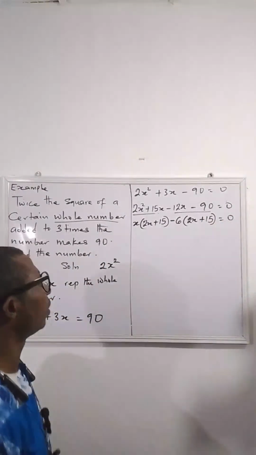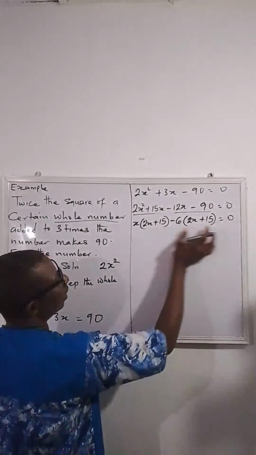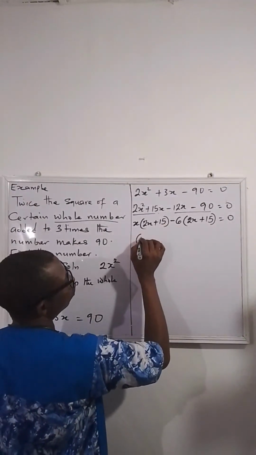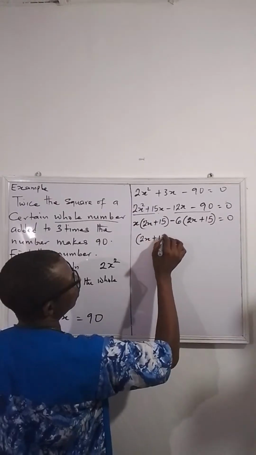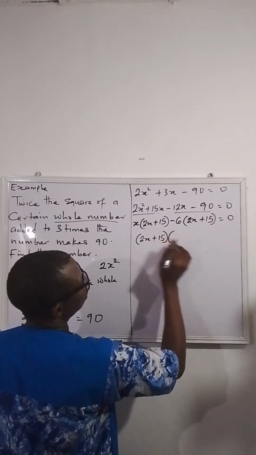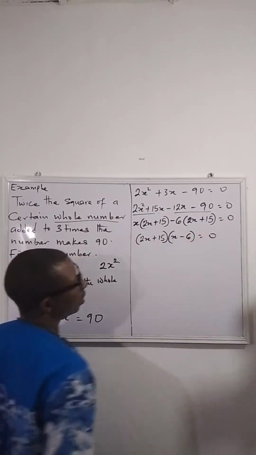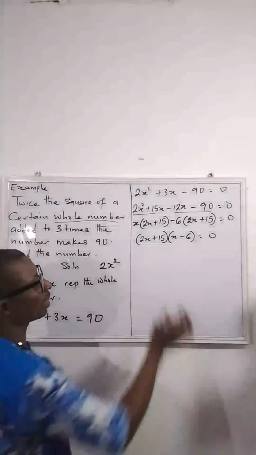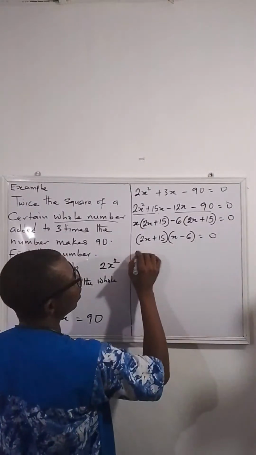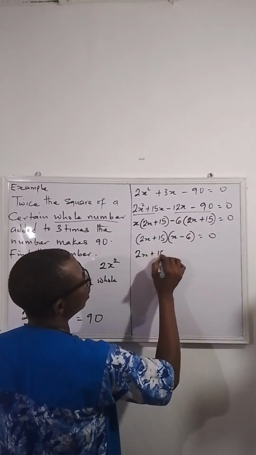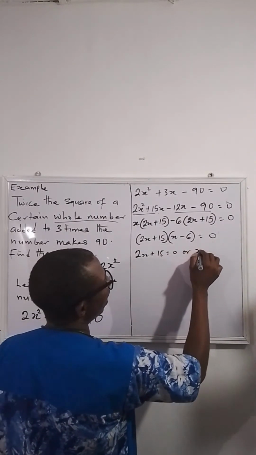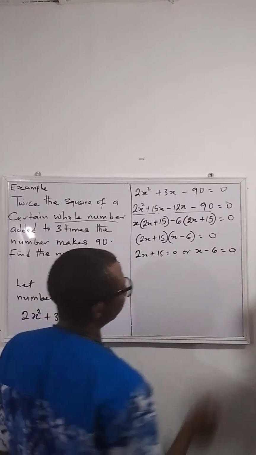Alright, so now what is the common factor here? So you have 2x plus 15, and you are left with x minus 6 equals 0. Okay, two numbers are multiplying each other to have 0. You see that 2x plus 15 equals 0, or x minus 6 equals 0.